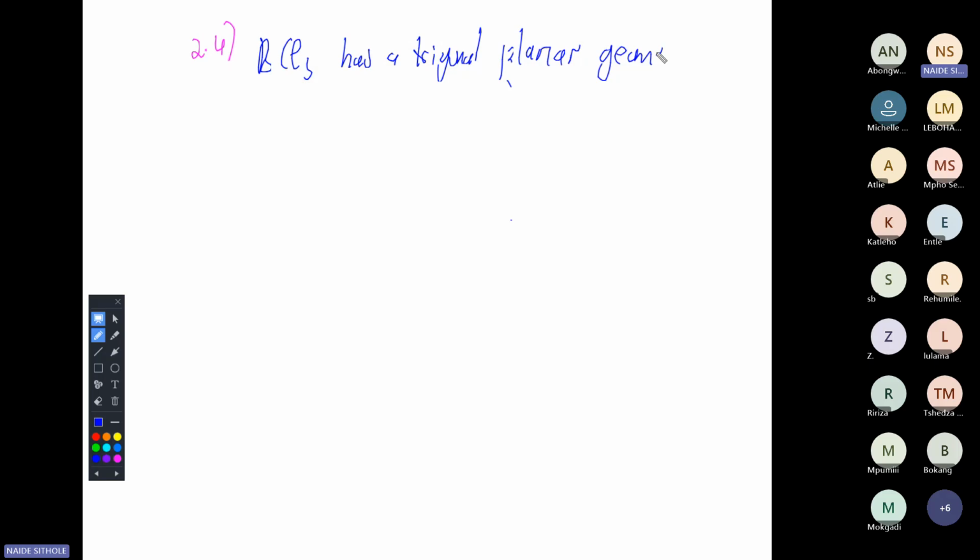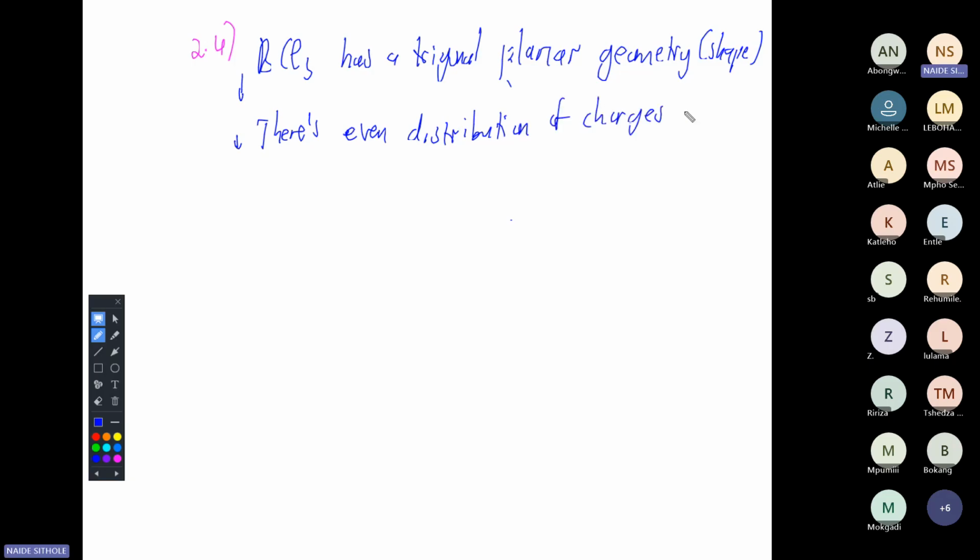Geometry or shape. Which means there is even distribution of charges as the shape is symmetrical.